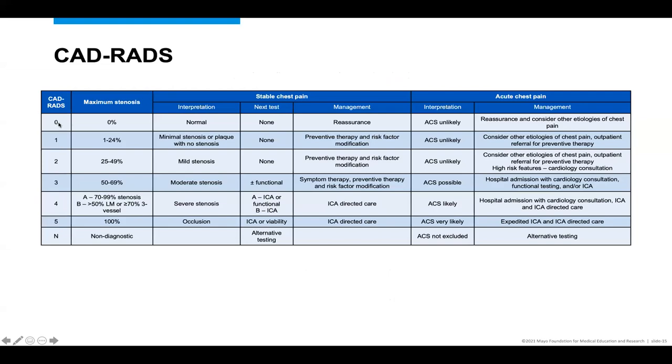Basically, it goes from 0 to 5. 0 is normal, 5 is occluded, and there are various degrees between 0 and 100% stenosis, okay? The scoring is just based on the degree of stenosis, and it's the maximum stenosis in all vessels. So if you have one vessel with a 90% stenosis, that's going to be a CAD-RADS 4.